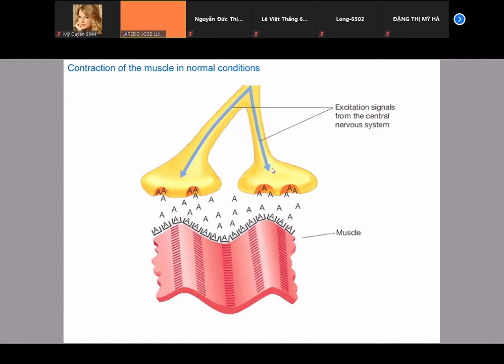The contraction of the muscle is produced because of acetylcholine, the neurotransmitter. Acetylcholine is released from the motor neuron to the muscle and binds receptors in the muscle, so the muscle is contracted. This is the contraction of the muscle in normal conditions.